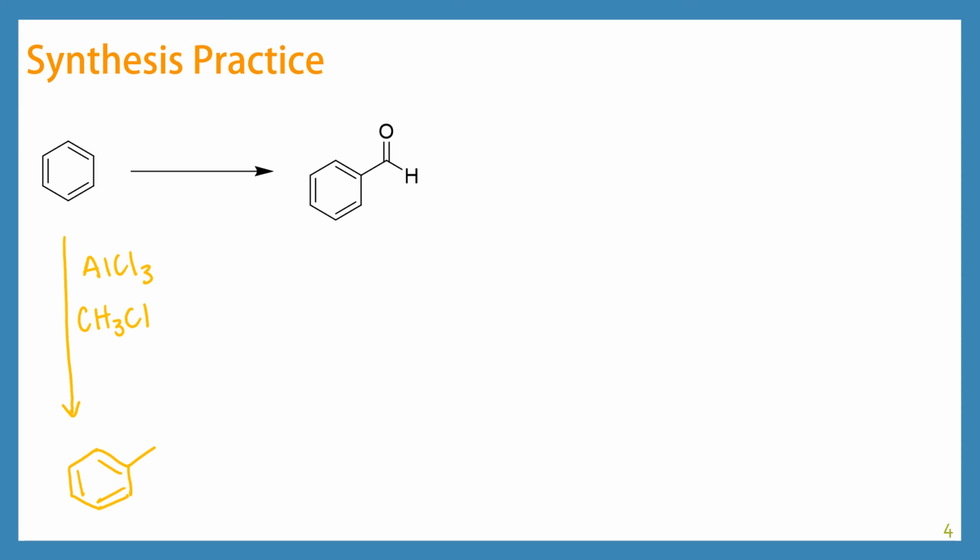Now from here, the only thing that we know to do from toluene to create a carbonyl is to oxidize it to a carboxylic acid, to benzoic acid. But then, do we know a way to turn benzoic acid into benzaldehyde? Yes, we do.